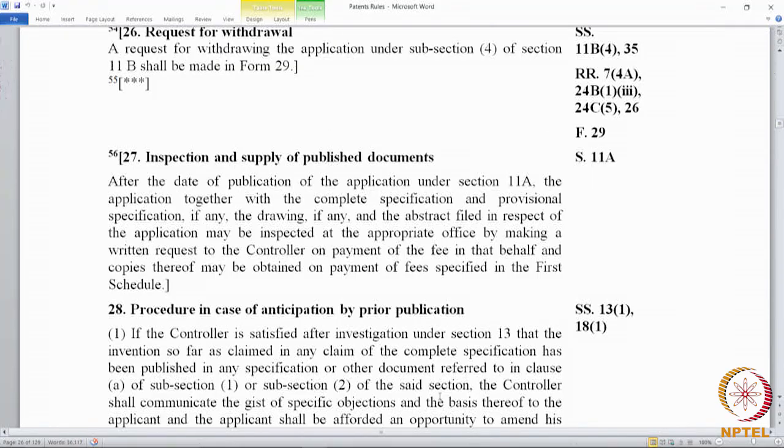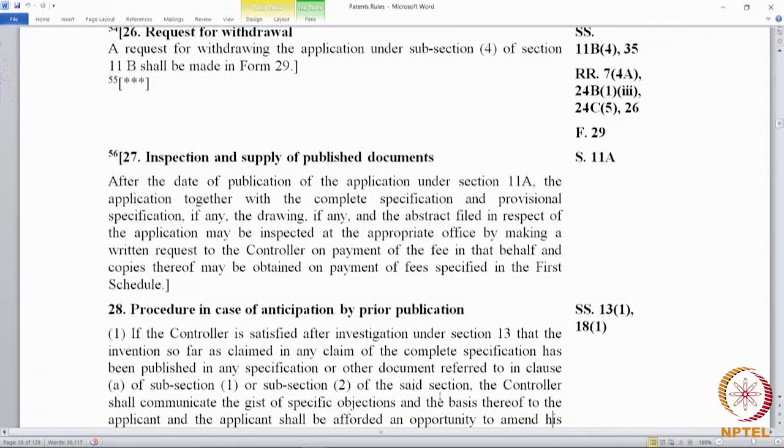that after the complete is published, then you could approach the patent office after the date of publication, which is where the abstract and other details are published. You can approach the patent office and get copies of the provisional.